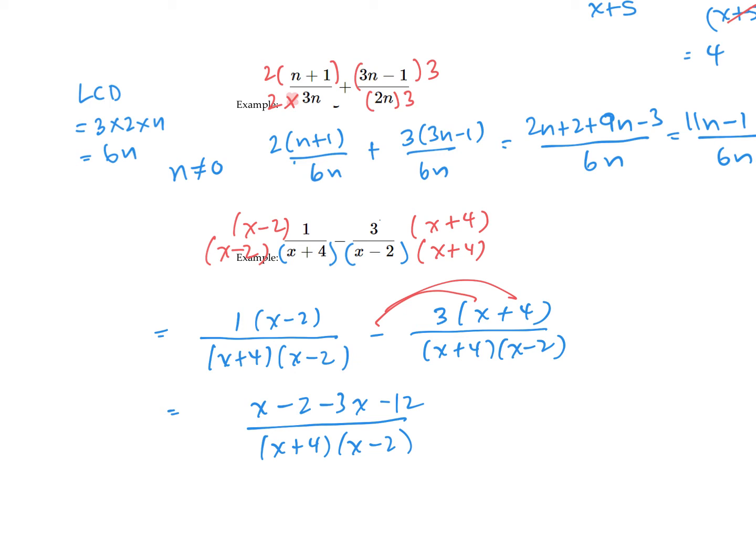So it'd be negative 3x, and then negative 3 times 4 is negative 12. And so we would have minus 2x minus 14. If I factored that, I wouldn't be able to reduce, so I'm just going to leave it. And x cannot equal -4 or 2.